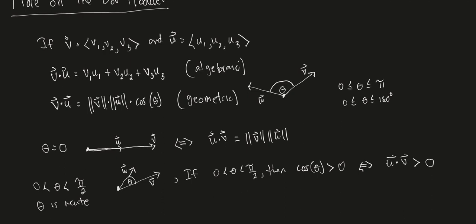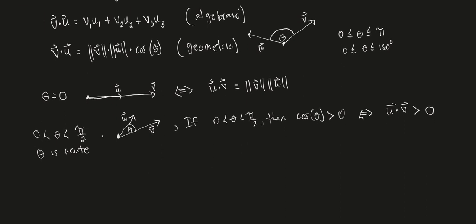So sometimes you might simply want to know if the angle between the two vectors is acute. You might not need to know the exact value of the angle, but just to know, is it an acute angle, right? And the easy way to check is to compute the dot product and see if you get something positive, right?